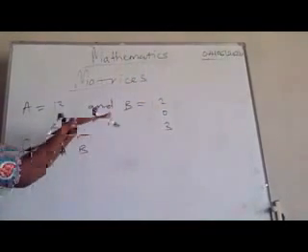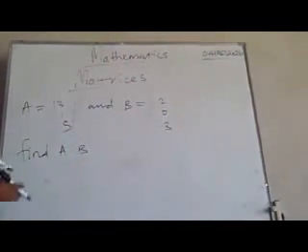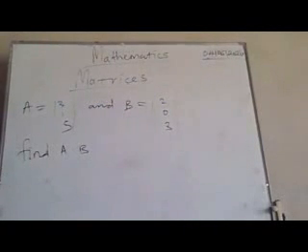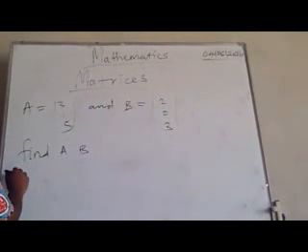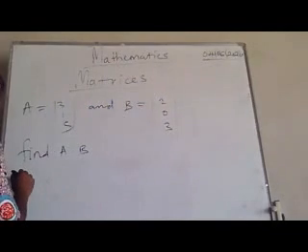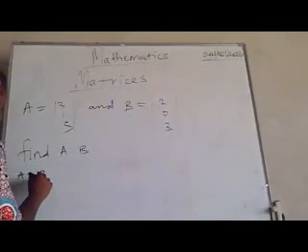So what can you say about these two matrices? What kind of matrix is that? That's a 1 by 1 matrix. Okay. So matrix A is 315.